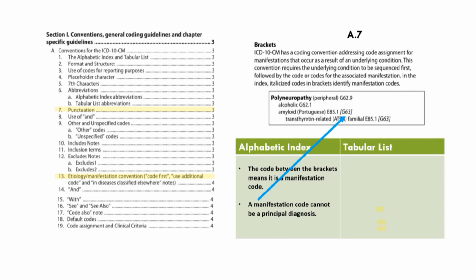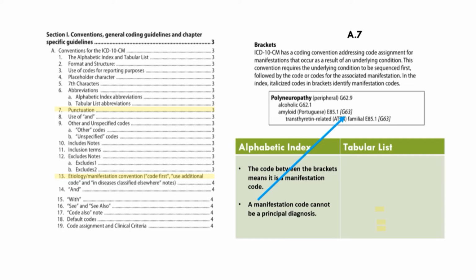See over on this side, you're given an example of how the brackets are used, and it is saying here that the code between the bracket means it is a manifestation code, and a manifestation code cannot be a principal diagnosis. A coding convention addressing code assignment for manifestation that occur as a result of an underlying condition.